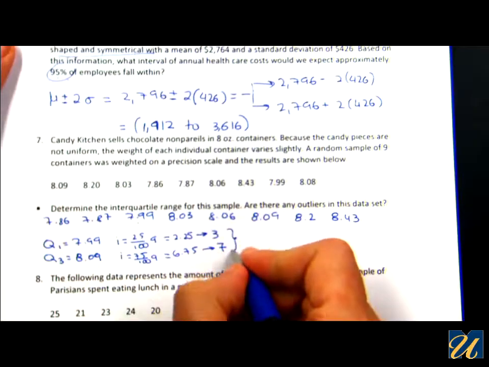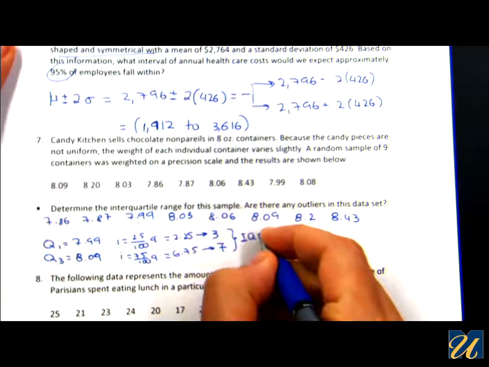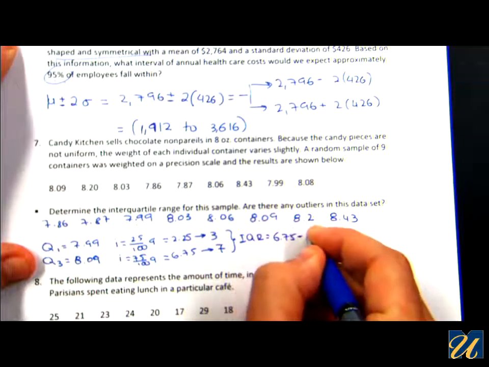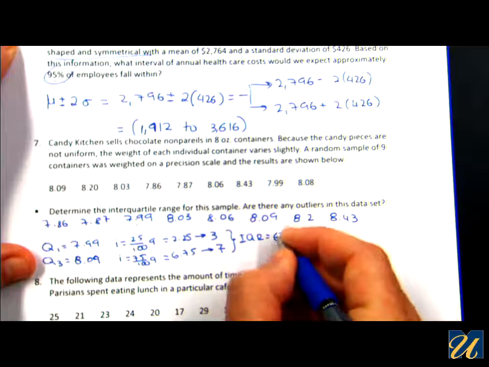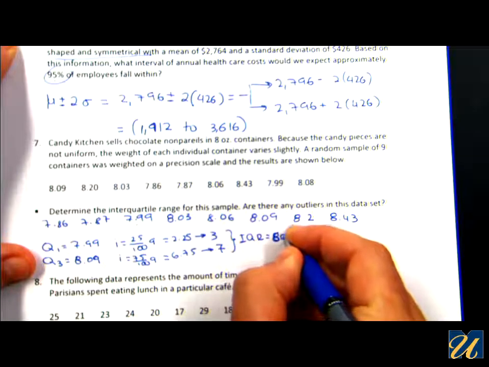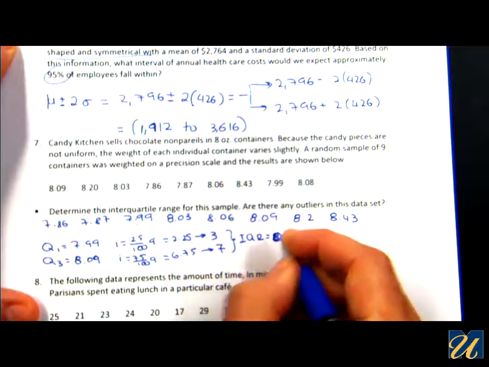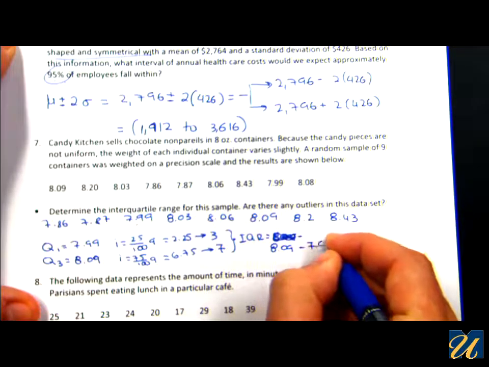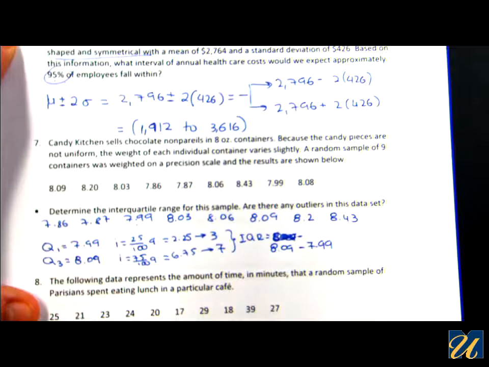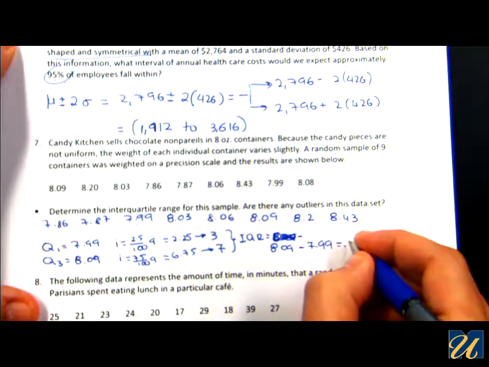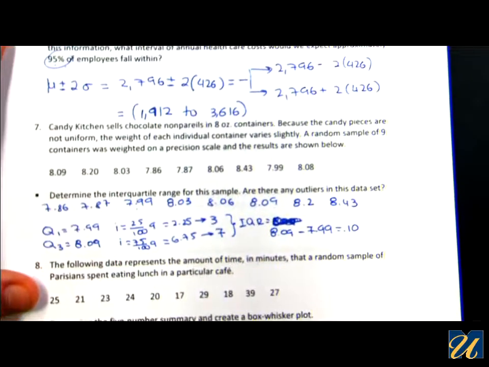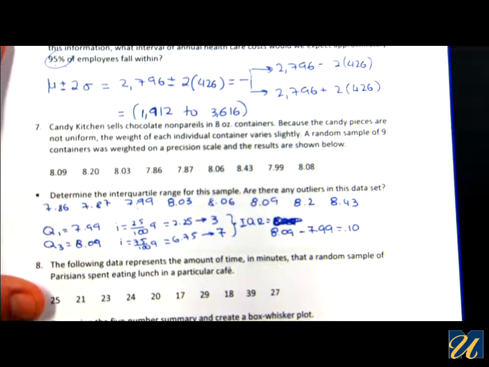Now, based on these two, IQR will be equal to 8.09 minus 7.99. So this would be equal to 0.10. So the interquartile range will be equal to 0.1.